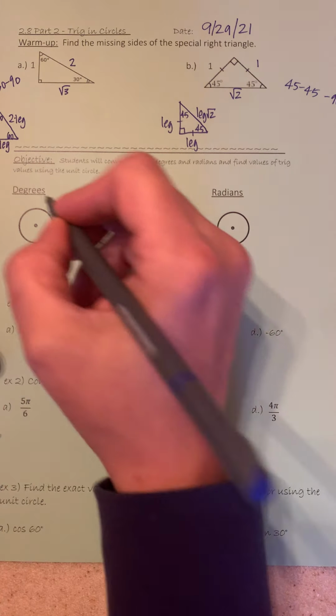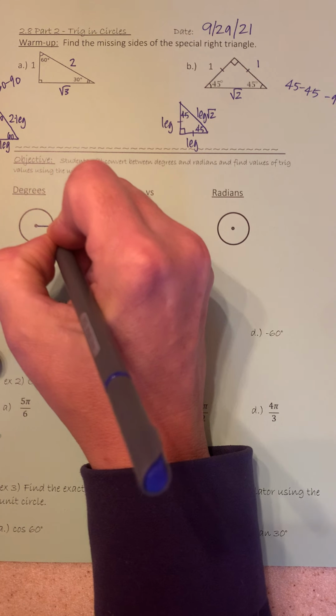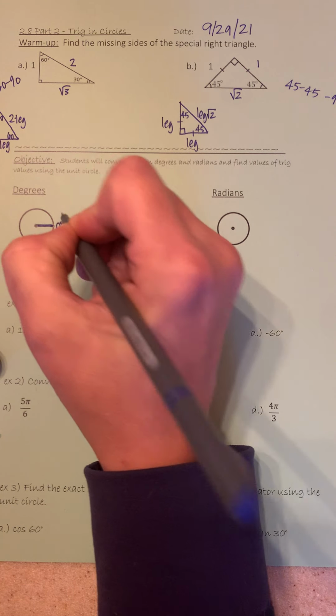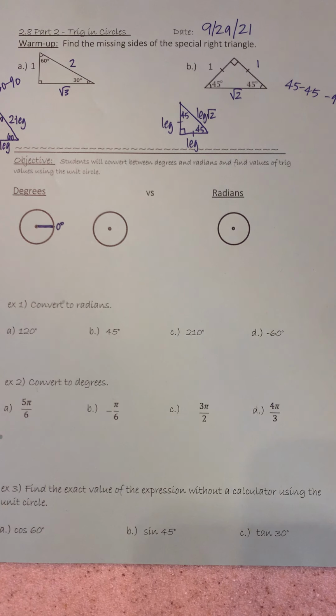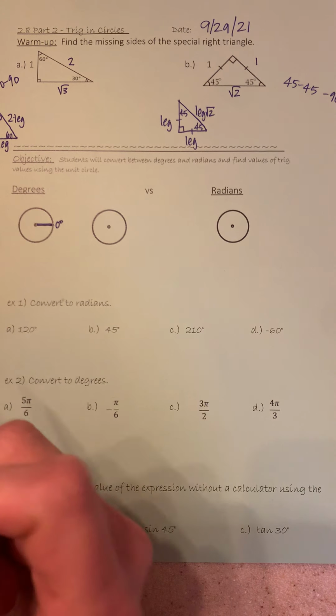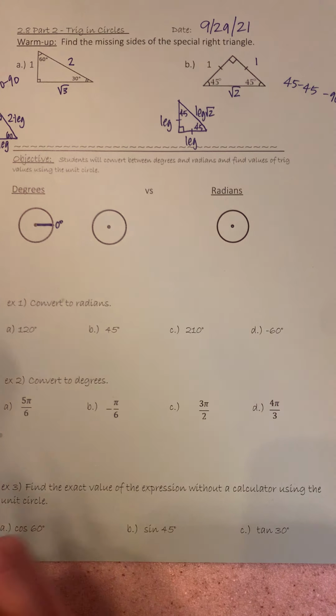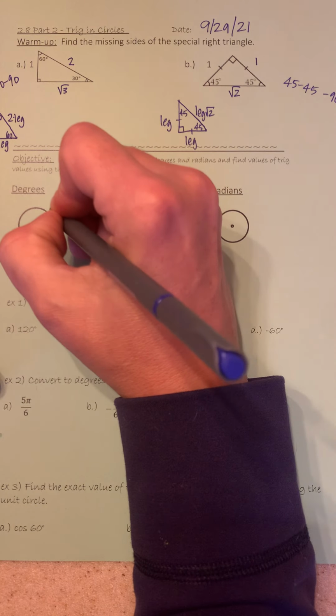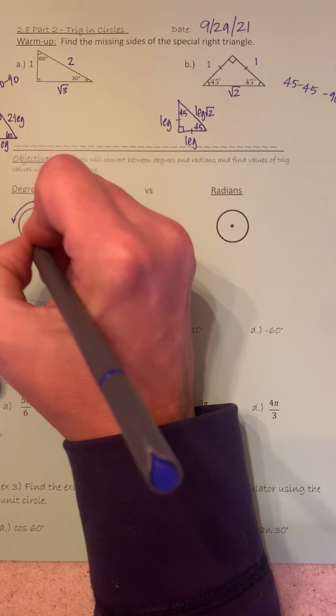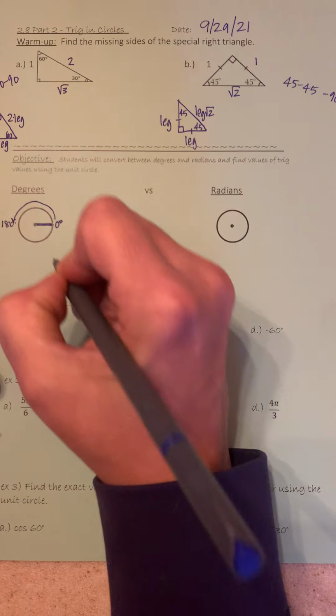The way this is measured is, if this is 0 here, we start at 0. 0 degrees is the start of our circle. It's maybe a strange spot to start, but that's where we start in trigonometry. And then I would go around the circle this way. So this would be 180 degrees.